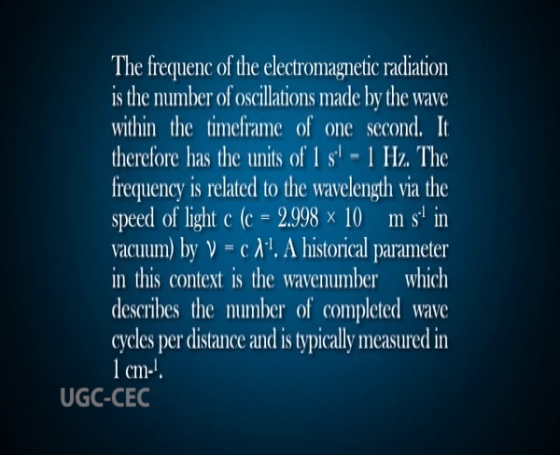The frequency is related to the wavelength via the speed of light c. c equals 2.998 × 10^8 meters per second in vacuum, while nu equals c lambda inverse. A historical parameter in this context is the wave number, which describes the number of completed wave cycles per distance and is typically measured in 1 centimeter inverse.